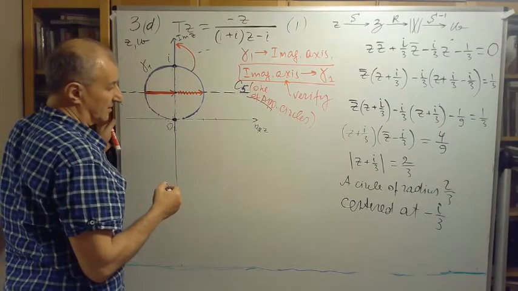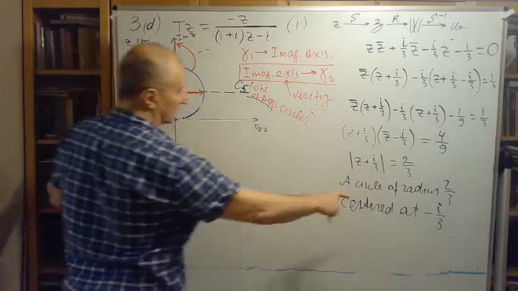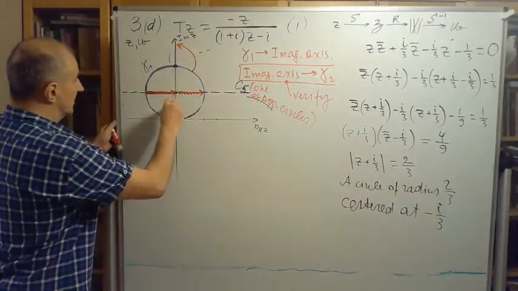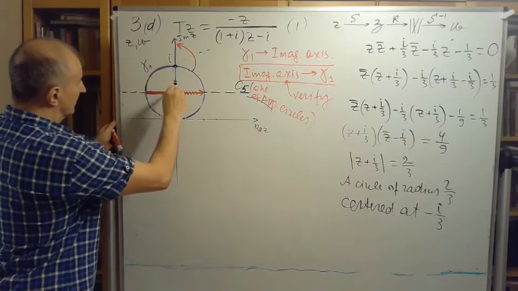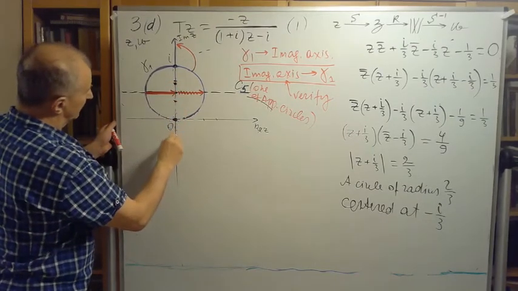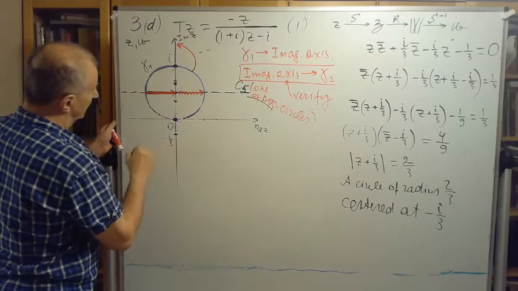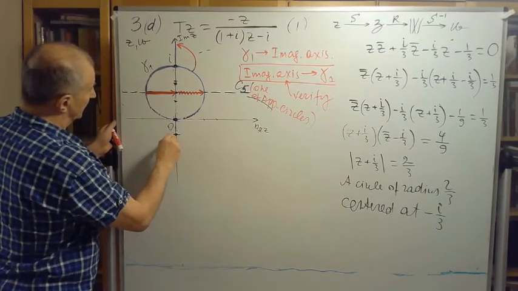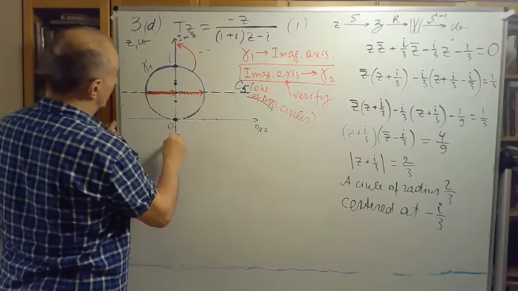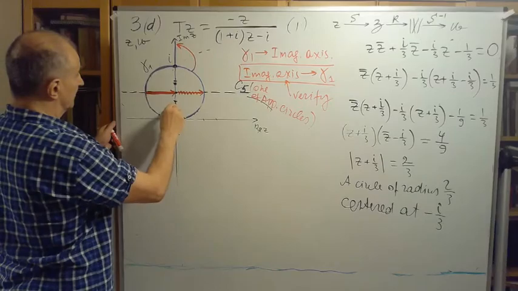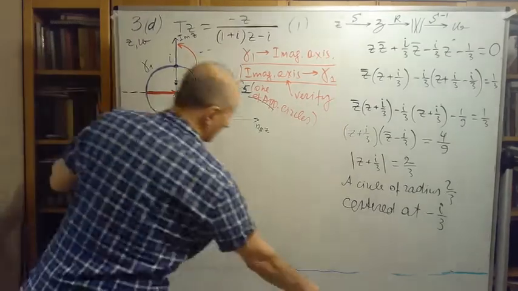We must center at negative I over 3. So approximately, let's split it into 3 equal parts. So it will be approximately like here. This is the point negative I over 3. That's where the center of this circle will be. And the radius is 2/3. So this plus this. So it will be like this.